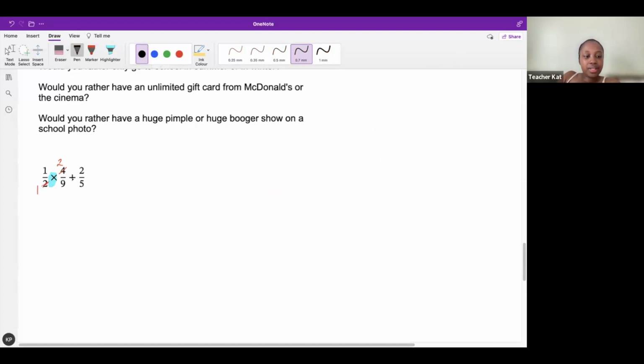We're done. Now we have 1 times 2 at the top, which is a 2 over 1 times 9, which is 9. Okay, plus 2 over 5. Now we need a common factor, lowest common denominator, between 9 and 5.